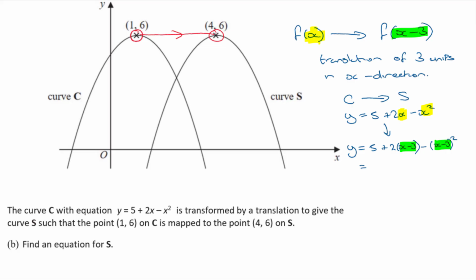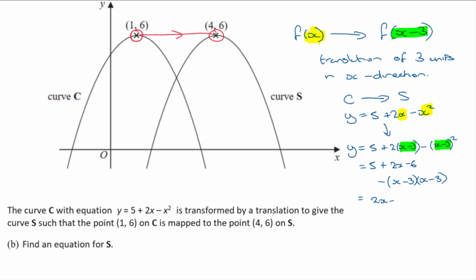Then all we've got to do is simplify all that out. So multiply out the brackets and recollect all the like terms together. I'm going to get 5 plus 2 lots of x minus 3, that's 2x minus 6 multiplying out the brackets, minus, and I'm just going to do the quadratic underneath and then deal with the minus sign afterwards. So I've got x minus 3 times x minus 3. 5 minus 6, that's minus 1, isn't it?